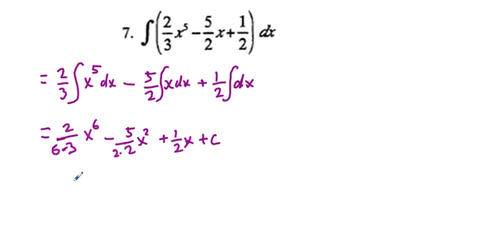And now we just have a little bit of cleaning up to do. We're going to have 2 over 6 times 3. Well, that's going to be 2 over 18. So we'll call that 1/9 x to the 6th minus 5, and 2 times 2 in the denominator is 4, so minus 5/4 x squared and plus 1/2 x.